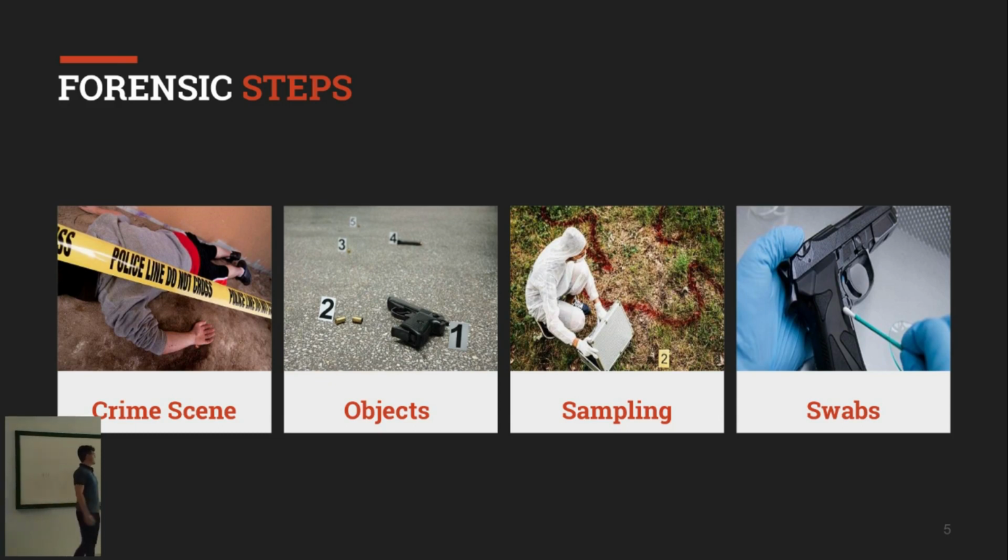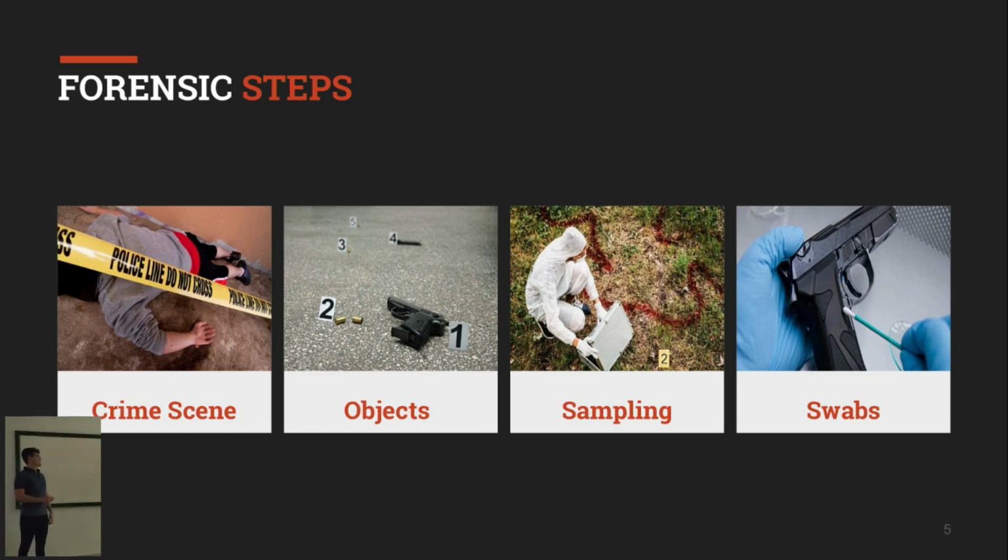For you to understand my idea, I need to explain the forensic steps to solve a crime. First, when a crime occurs, the place is isolated, and the name given to this place is crime scene.